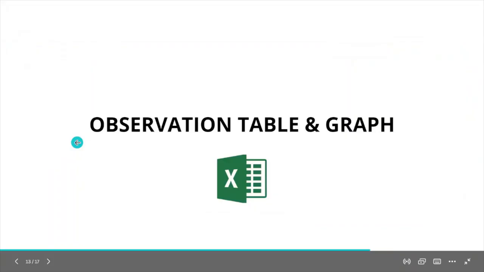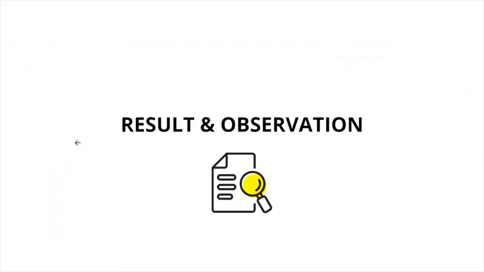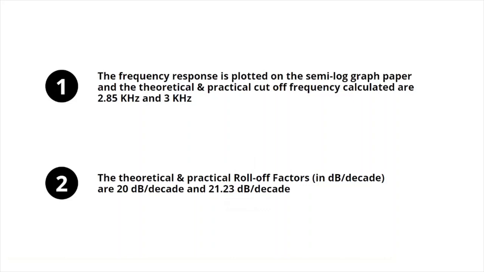Now next, talking about the results and observation. We finally conclude that the frequency response is plotted on semi-log graph paper, and the theoretical and the practical cutoff frequencies calculated are 2.85 kilohertz and 3 kilohertz respectively.